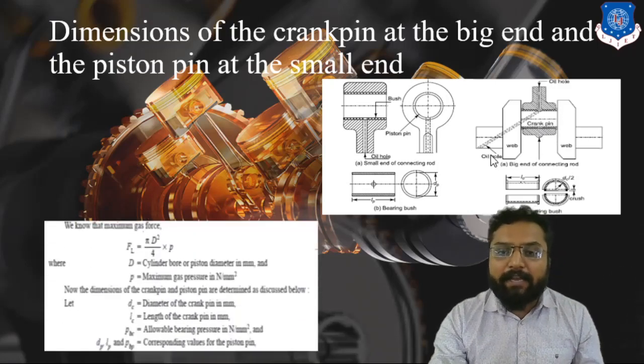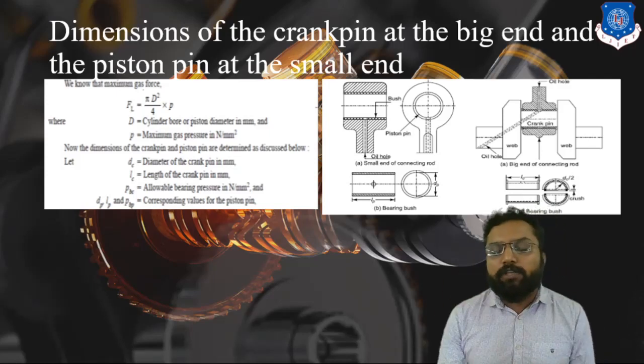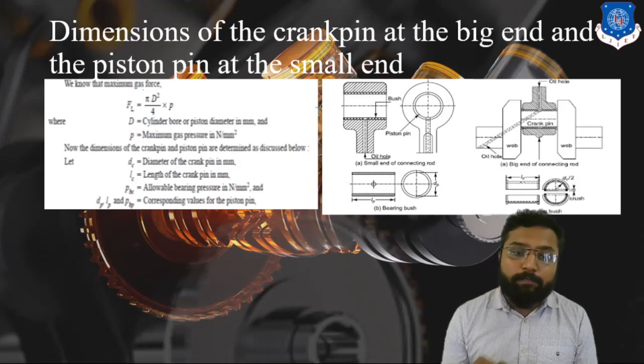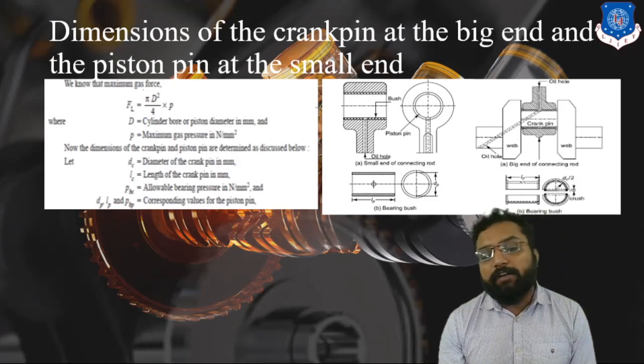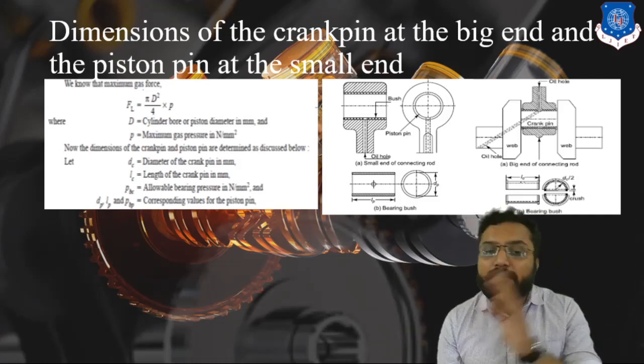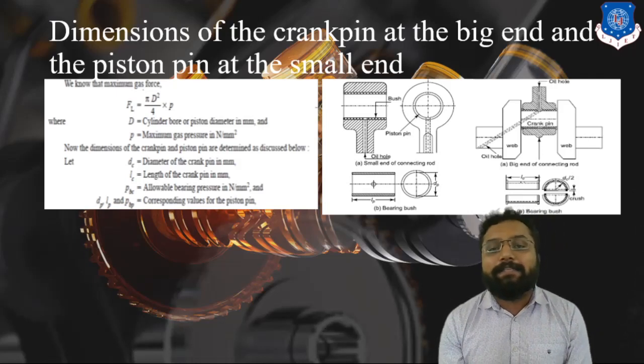So let's look at the design consideration of this crank pin. Before getting into this, we should understand that the force exerted by gas pressure directly affects the design of the crank pin at the big end, and the piston pin at the small end. So for that we have to determine this gas pressure.